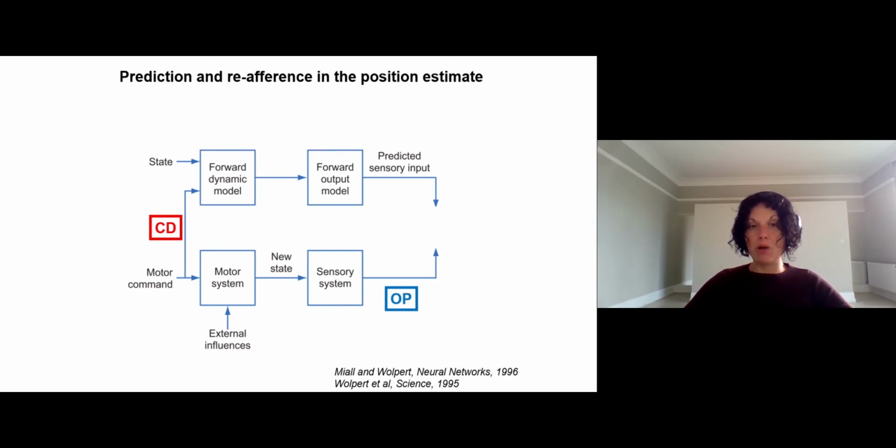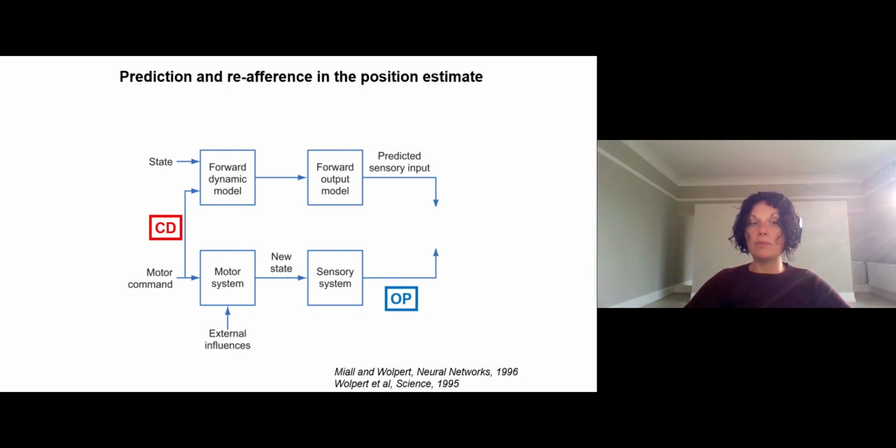This is a model that was devised for estimating the state of the limbs, not the eye. But it can be used to understand what happens when the brain estimates the rotation of the eye in the orbit.